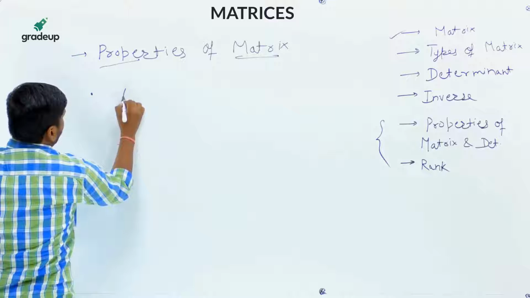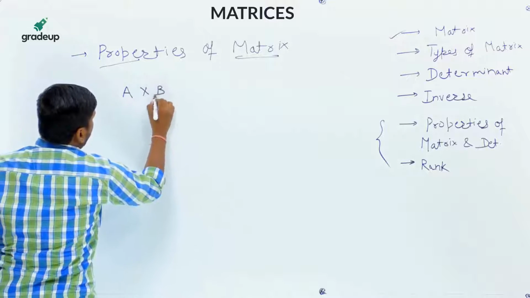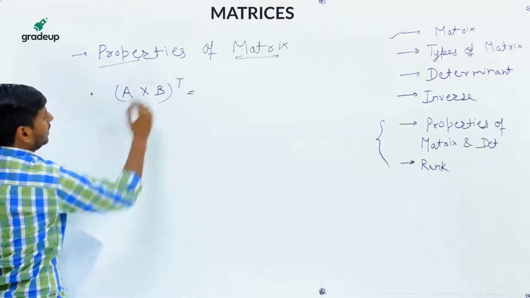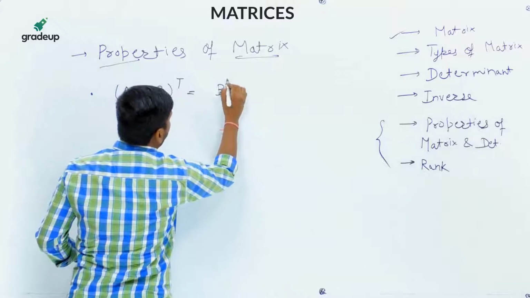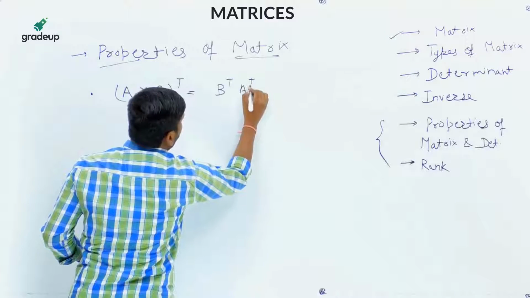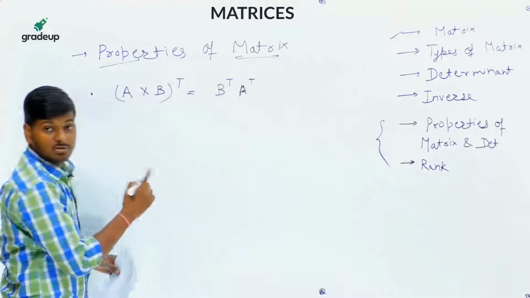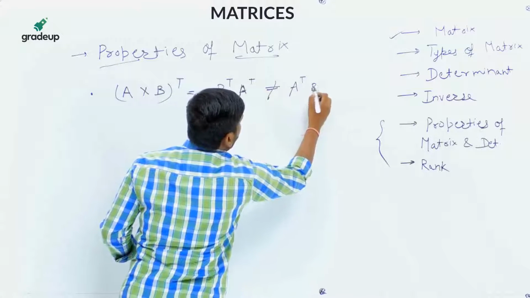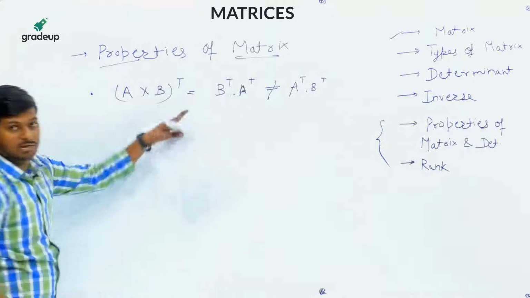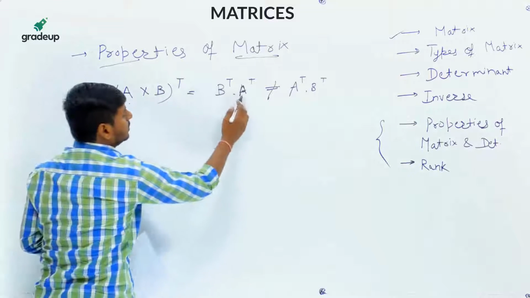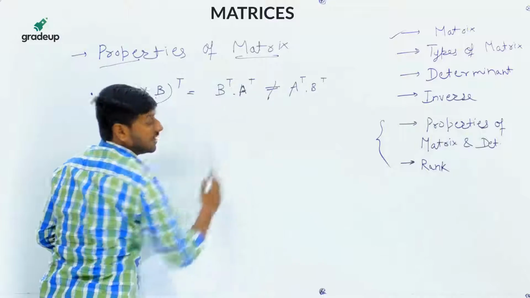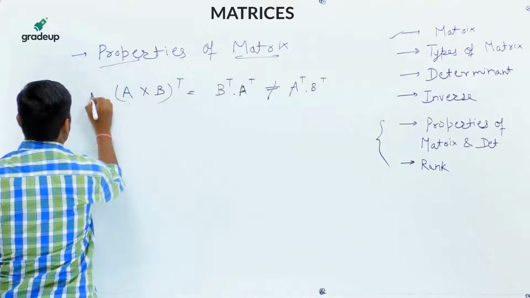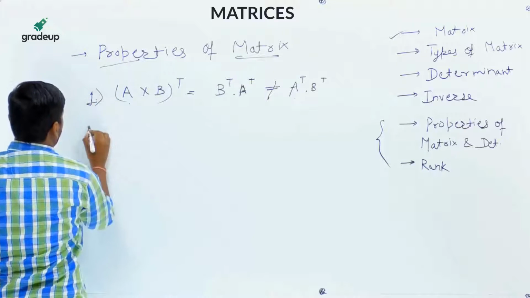First property is the transpose of A into B is equal to B transpose into A transpose, which is not equal to A transpose into B transpose. Remember this.